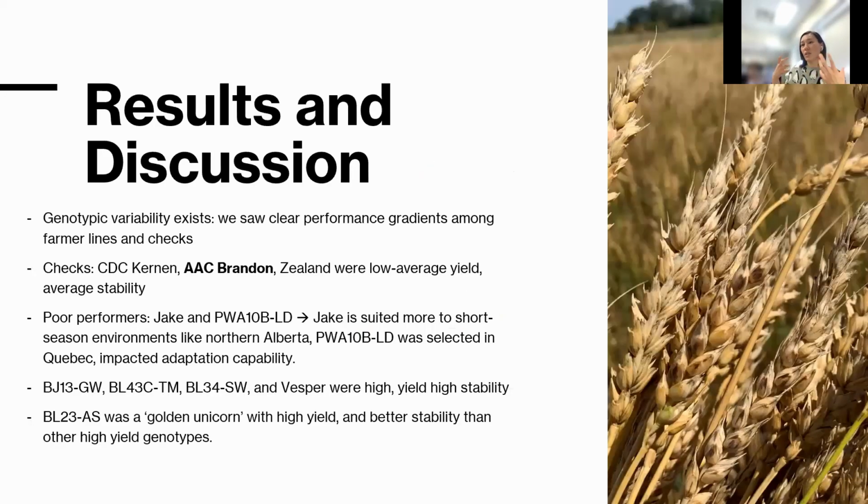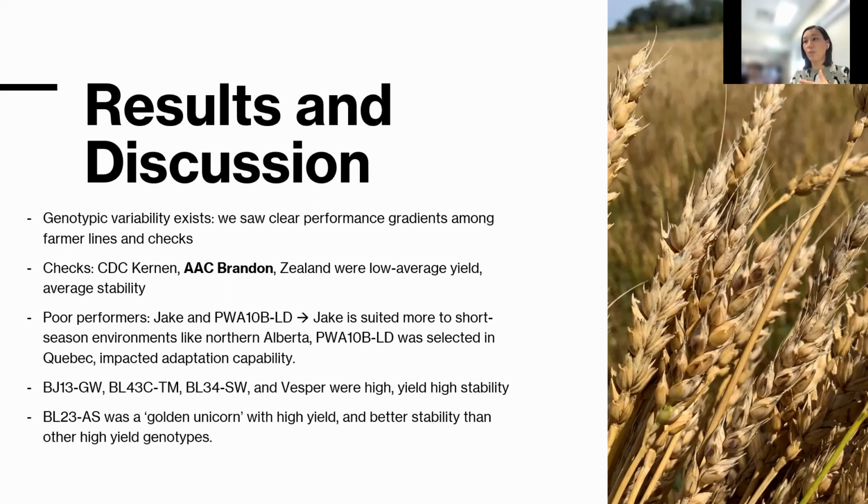So some of the results in discussion, we established that genotypic variability exists. This isn't in the literature at all in terms of the geographic scope that we tested the lines and the environments that we tested them under. So that's really exciting. The Czechs, CDC Kernan, Brandon, Zealand were low average yield and average stability.